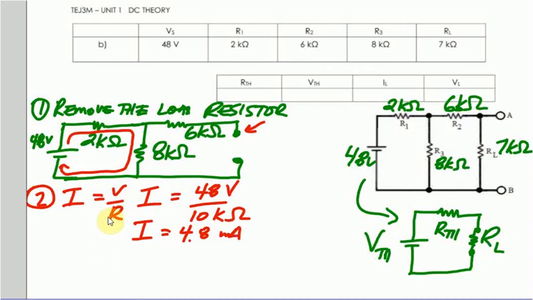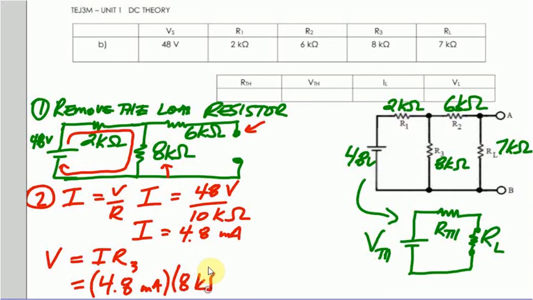Next step, what I want to do is find what the drop is across that there, because that's going to be my Thevenin voltage. So the Thevenin voltage can be determined by taking that current and multiplying by that resistor. In this case here, it is R3. So I'm going to take 4.8 milliamps and multiply it by that resistor, which is 8K ohms. So grab your calculator and multiply that out.